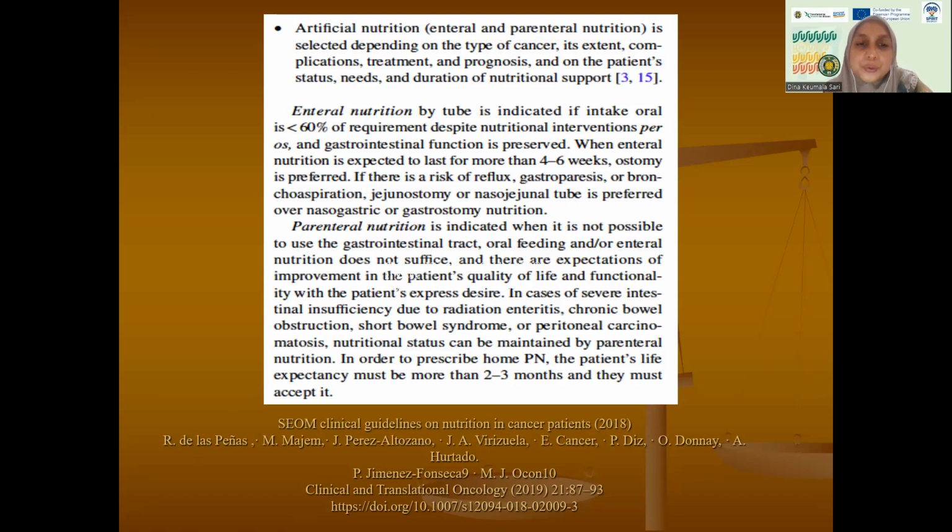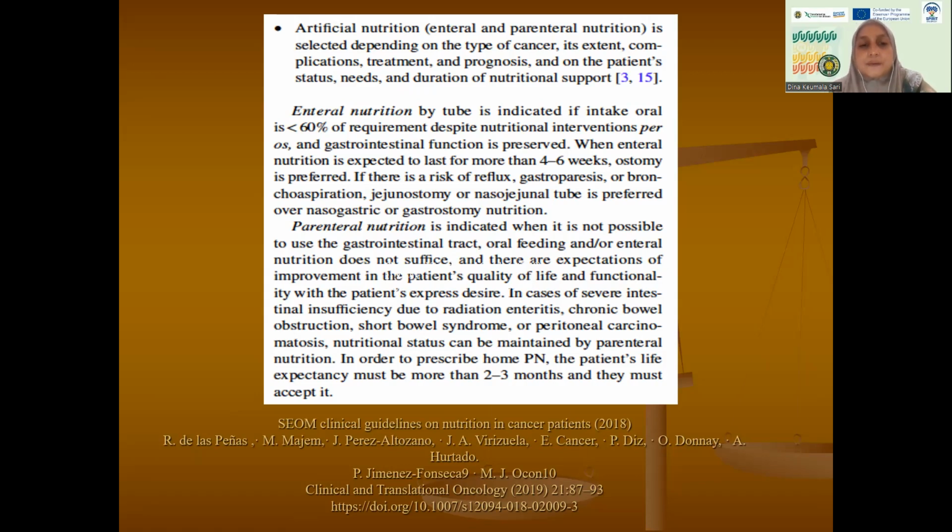Now, parenteral nutrition is indicated when it is not possible to use the gastrointestinal tract, when oral feeding and/or enteral nutrition does not suffice, and there is an expectation of improvement in the patient's quality of life and functionality, with the patient expressing desire.